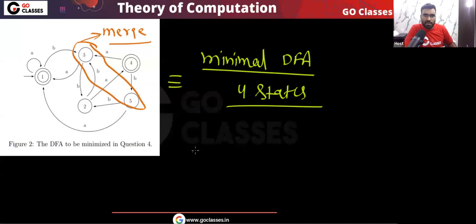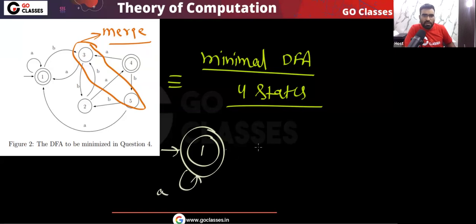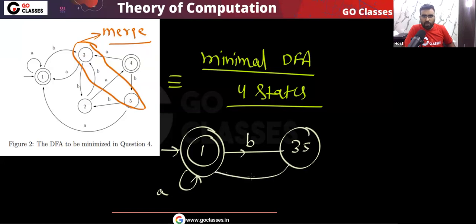So you can easily create the minimal DFA. It will be like this. Notice, state 1 has a self loop on A. On B you will go to state 3,5. From state 3,5 on A you will go here, and on B we will go to state 2.